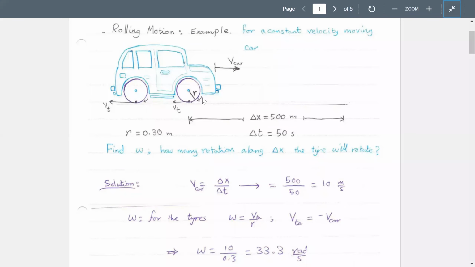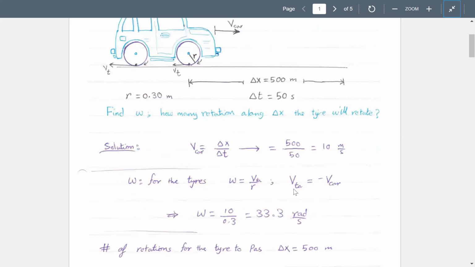Now look, the direction of the rotation is clockwise. I said yesterday that clockwise motion means negative sign, and counterclockwise motion means positive sign. So v tangential is the negative velocity of the car, which is negative 10.